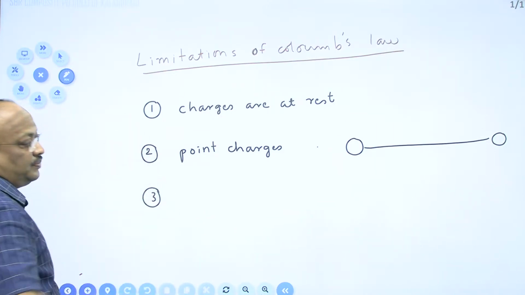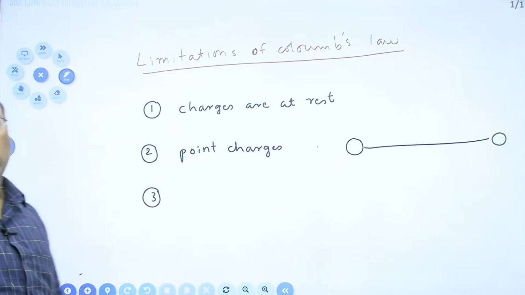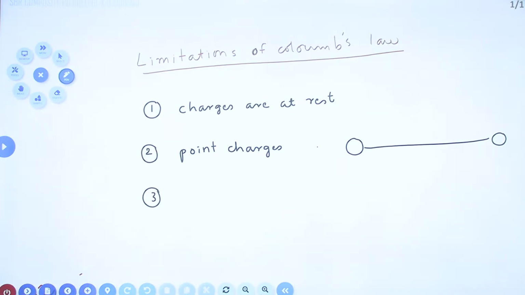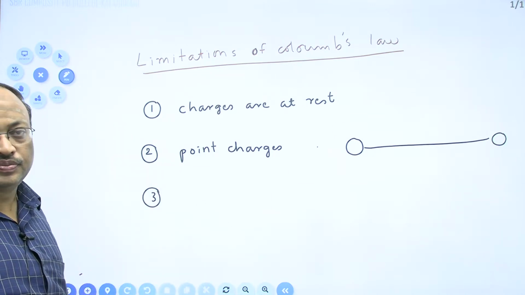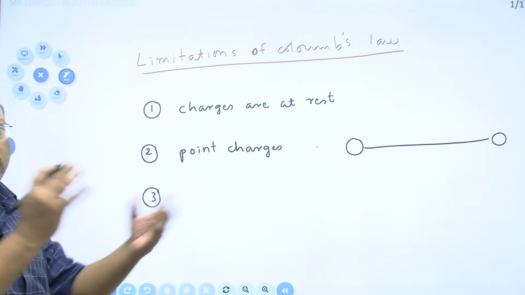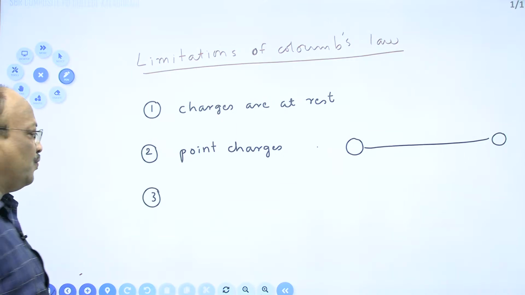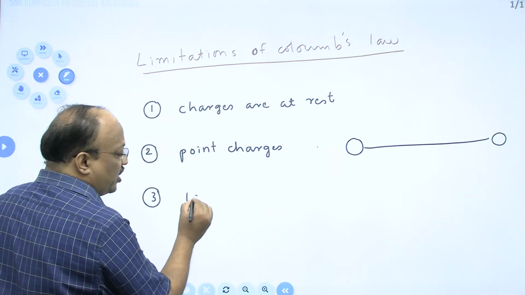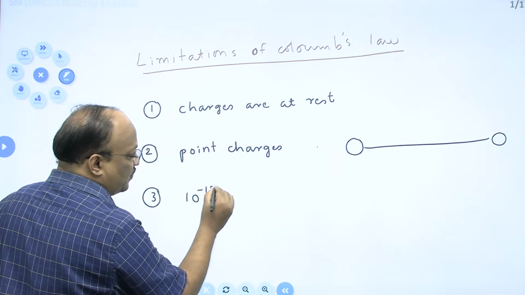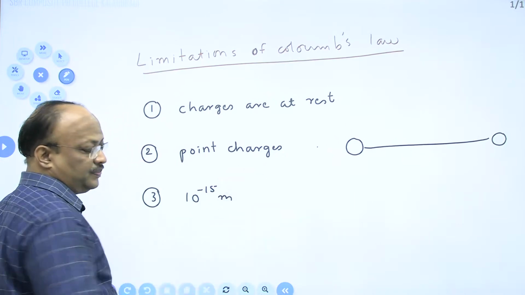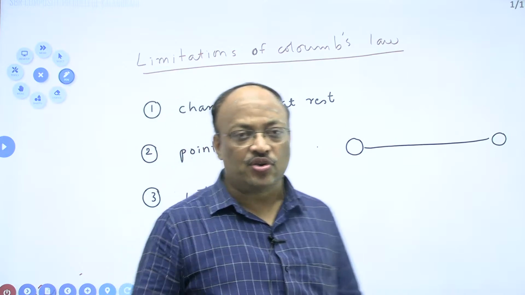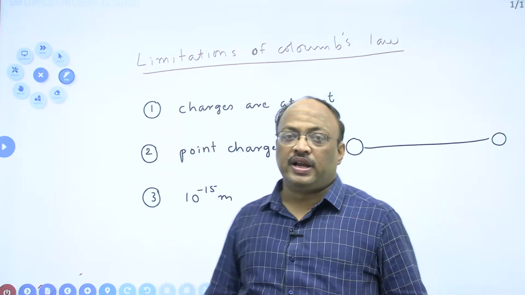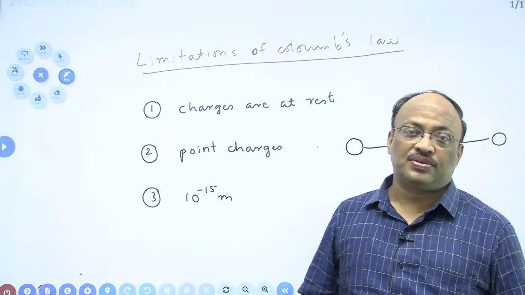Next, third point: the range of Coulomb's law. The shortest range of Coulomb's law extends to 10 to the power of minus 15 meter only. You may remember it as the nuclear size.